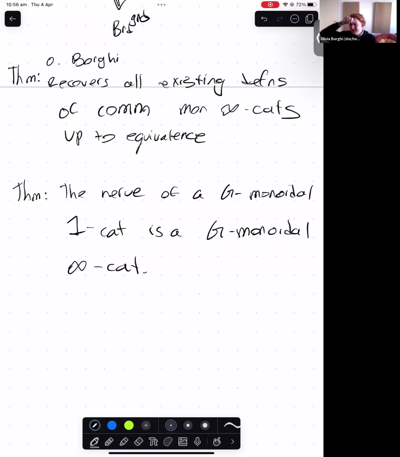One important thing to note is that not only does this definition recover the existing definitions, it now supplies us with ones that we didn't have before. We didn't have a definition, for example, of a coboundary infinity category or a ribbon braided monoidal infinity category. And now we do, and there's a way to do this for any G-monoidal category.